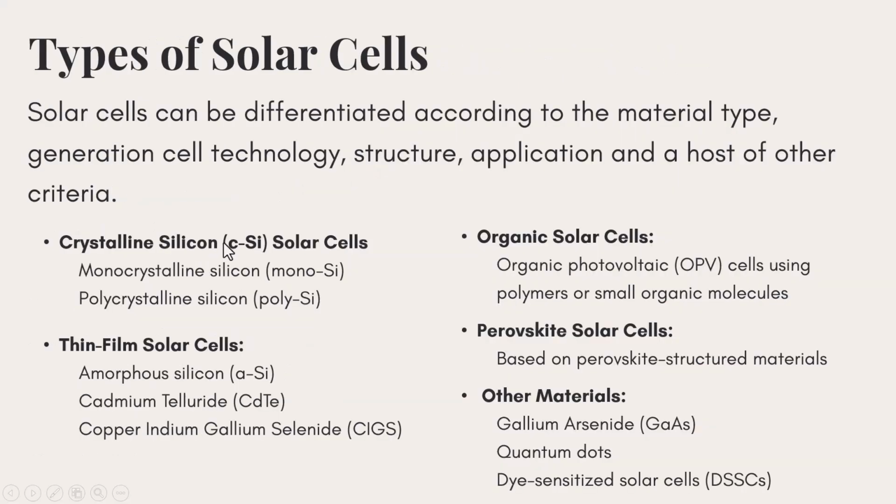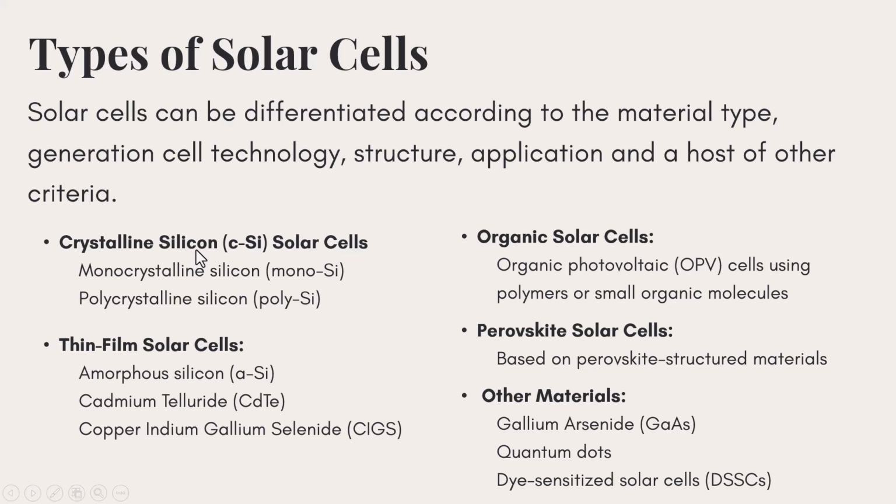Now let us look at the types of solar cells that are currently in existence. Some of the criteria for differentiating these types of solar cells include the technology used, the structure of the solar cell, the application, and a host of other criteria. But for this class, we'll just focus on these few, which is the crystalline solar cell.